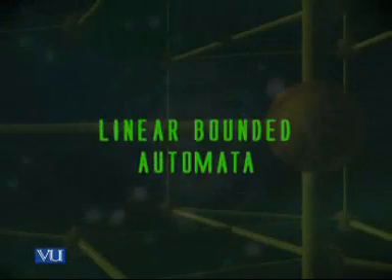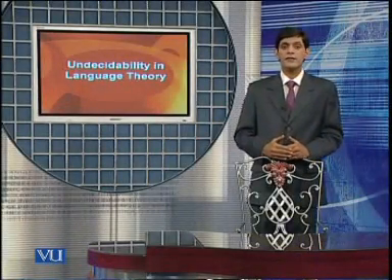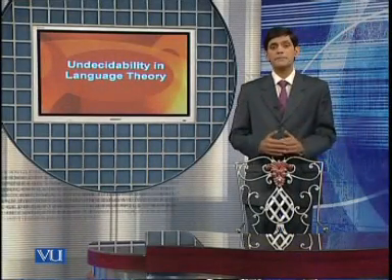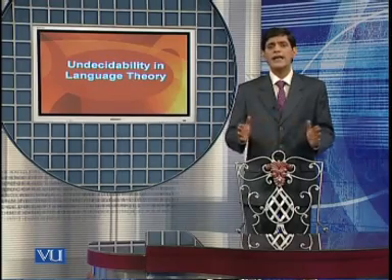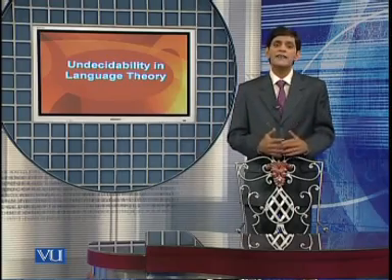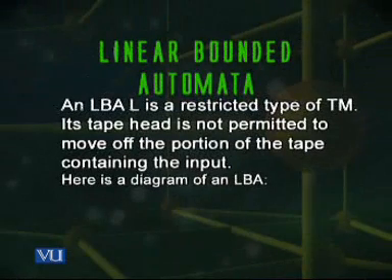Next, we will look at problems concerning some things called linear bounded automata. So linear bounded automata are just like Turing machines. They have an input tape and they operate just like Turing machines operate, except that they do not have any work tape. Furthermore, they are restricted to using the input tape as their work tape. They are not allowed to use any further space.